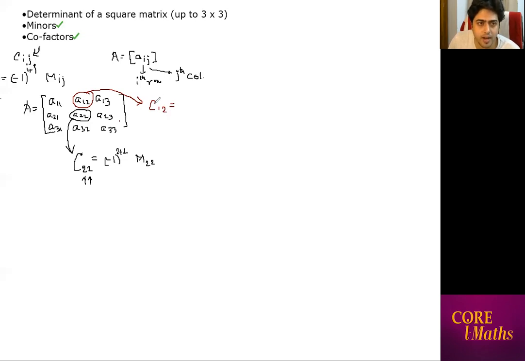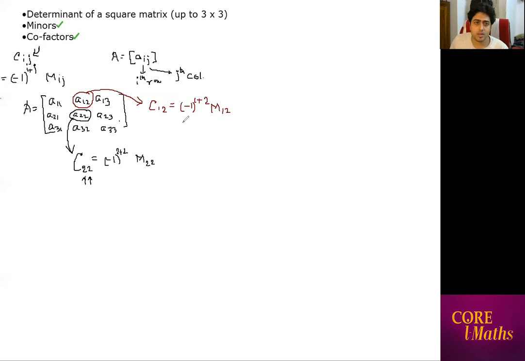So this is the cofactor of A12, first row and second column. So how will you find out the cofactor? -1 whole to the power 1 plus 2 into its minor value, right? In this way, we can find out the cofactor of every element.